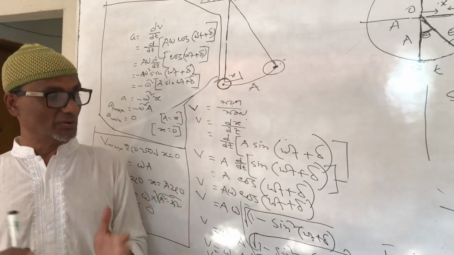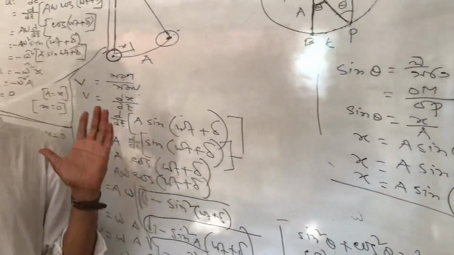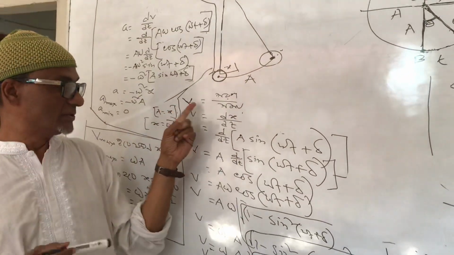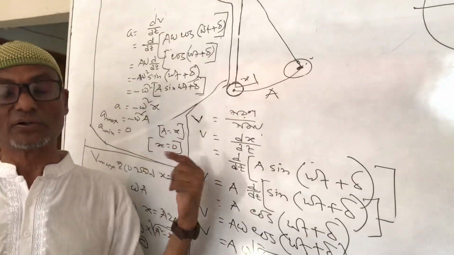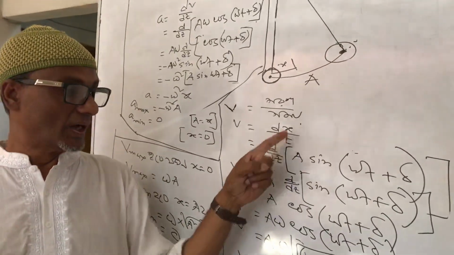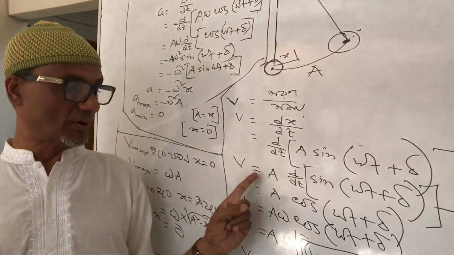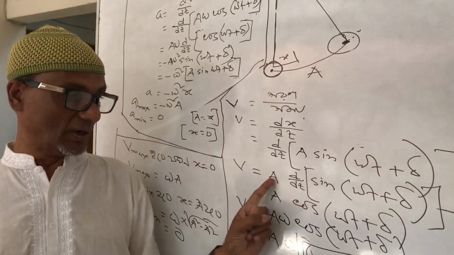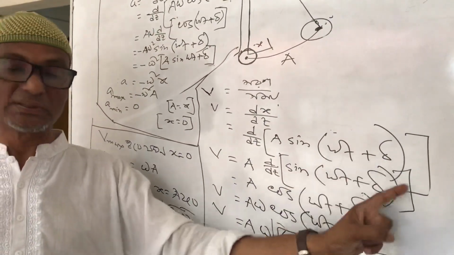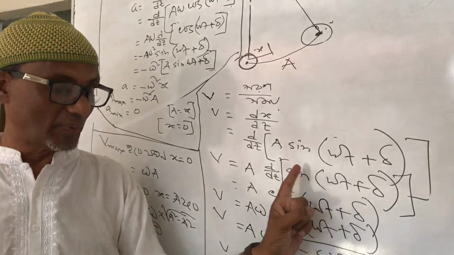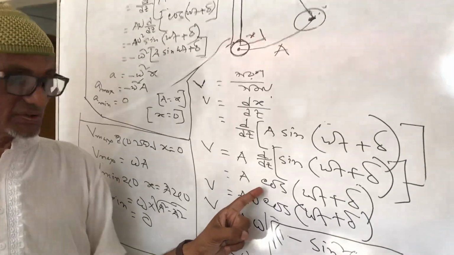If we have the displacement of a particle, we can calculate the velocity, because the velocity is nothing but the rate of change of displacement. So by calculus, the derivative of sin theta is cos theta.